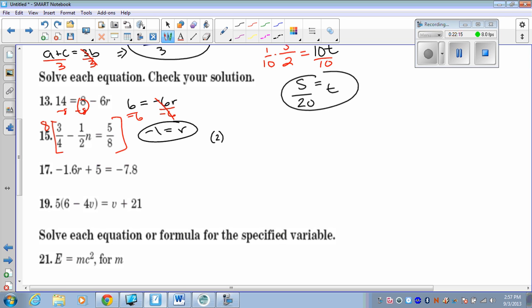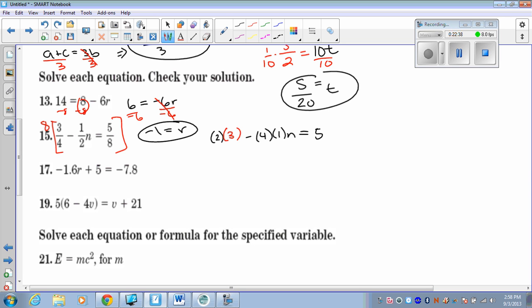Now the 3 is still sitting there up top. I got 8 over 2 reduces down to 4. But I still have that negative, and I got the 1 up top, and I got the n. This 8 over the 8 reduces down to 1, so I don't need to write that, but I still have the 5 left over.